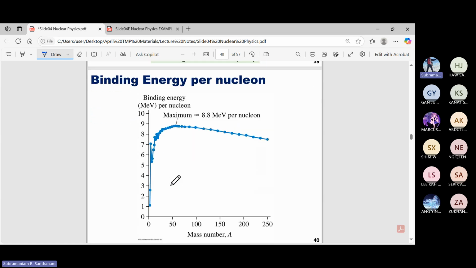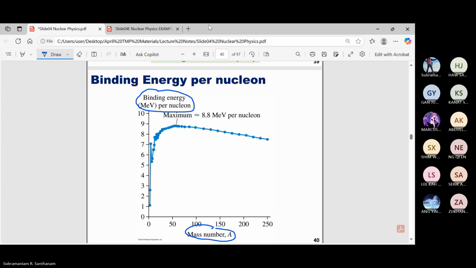This was the graph I was mentioning just now. Please understand this graph, because it will be assessed in your finals. This shows how the binding energy per nucleon varies with the mass number. Mass number is the nucleon number.